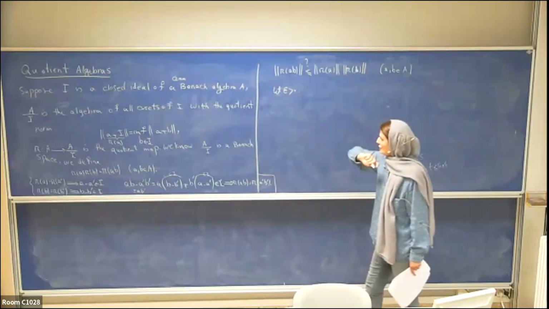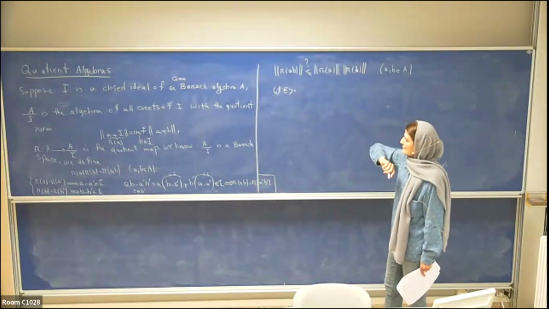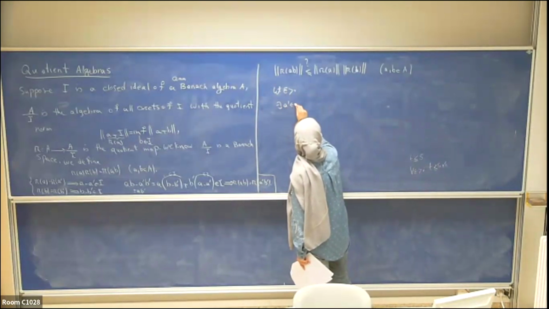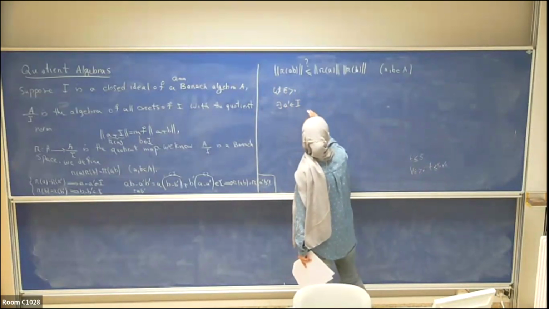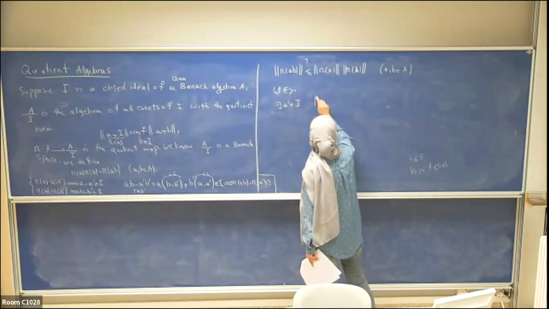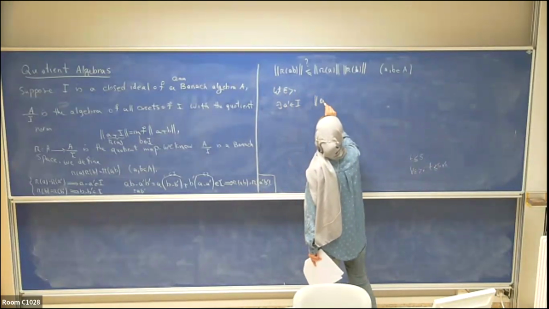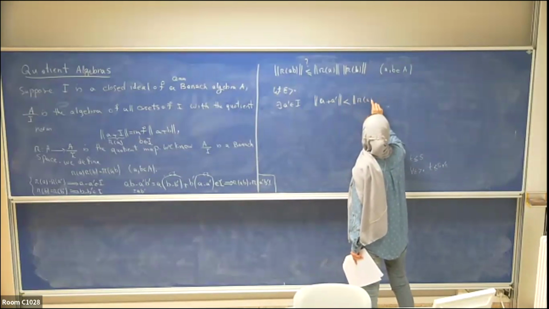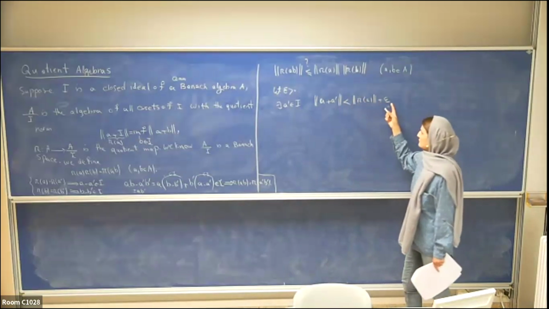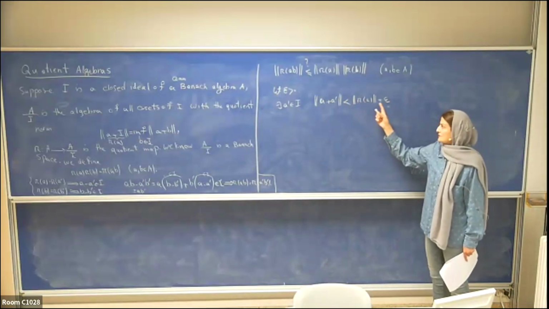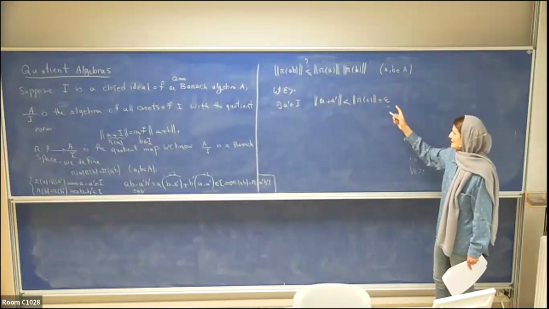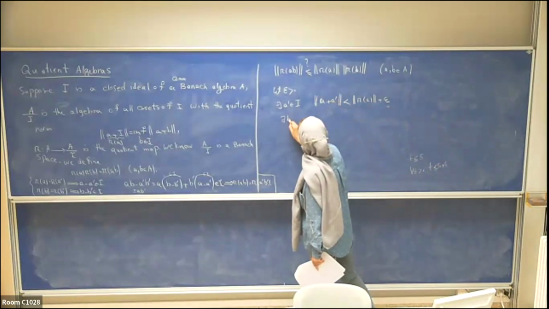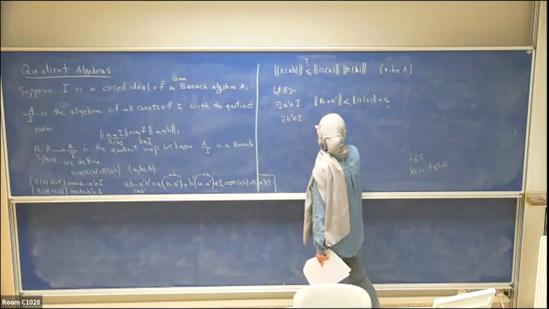Because of the definition of the quotient norm, there exists a prime in I such that the norm of a plus a prime is less than the norm of P of a plus epsilon, because the infimum is the greatest lower bound, and with epsilon it's no longer a lower bound. That's why we can find a prime. And similarly for P of b.